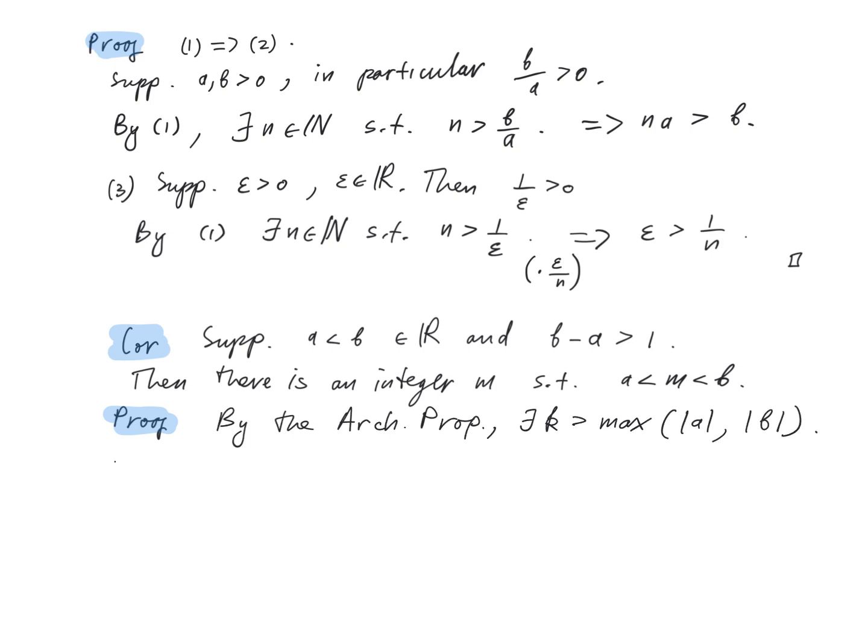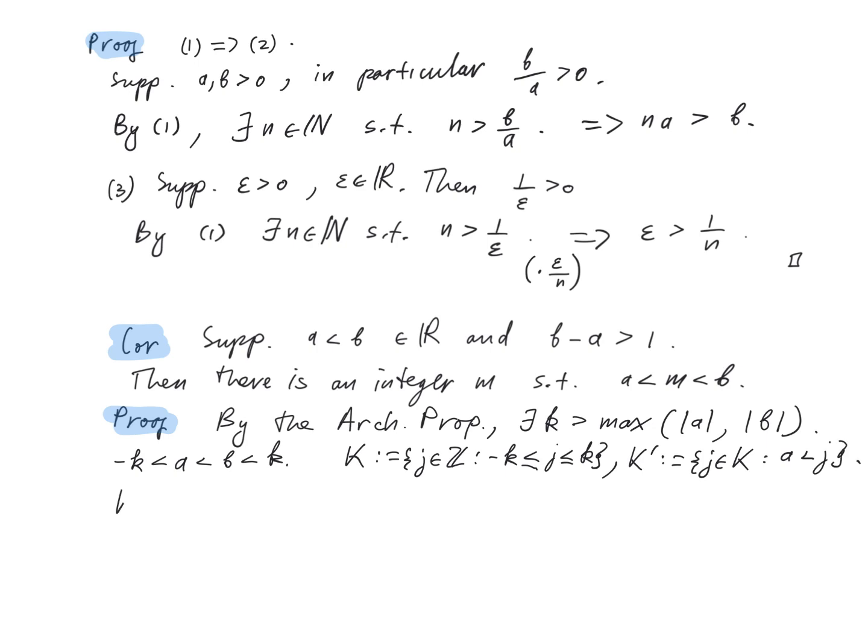In particular, we have that minus k is less than a is less than b is less than k. We consider the set K consisting of all integers j such that minus k is less than j is less or equal than k. And we also consider the set K prime, which consists of all those j in K such that a is less than j.